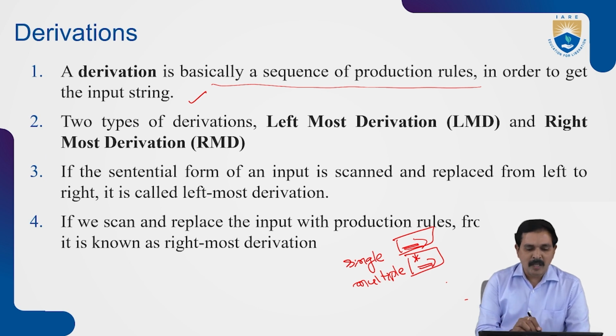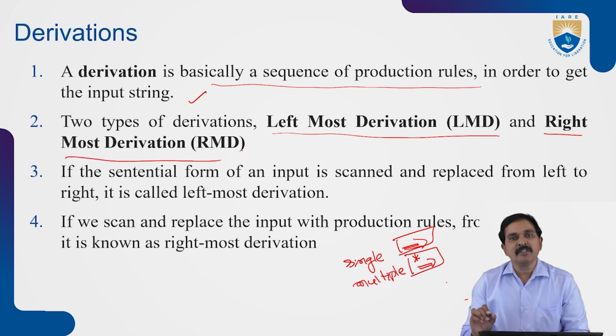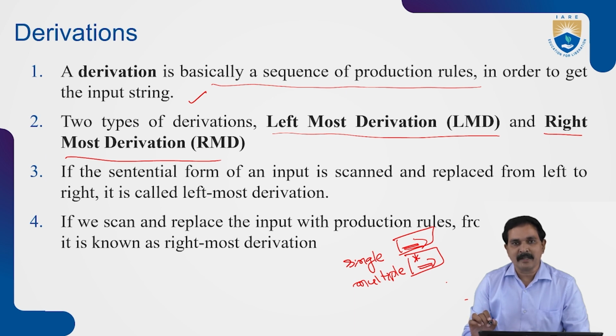Here two types of derivations we have to discuss. One is called leftmost derivation, and another one is rightmost derivation. What is the leftmost derivation? We always substitute the non-terminal that is on the left side.